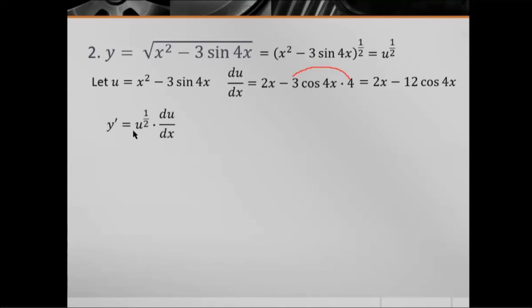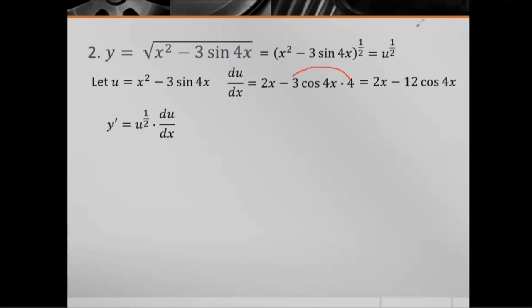Then, proceed naman tayo dun sa ating definition. So y prime is equals to u raised to 1/2 yung ating y times du over dx. So, kuhanin natin ang derivative ng u raised to 1/2 with respect to u.